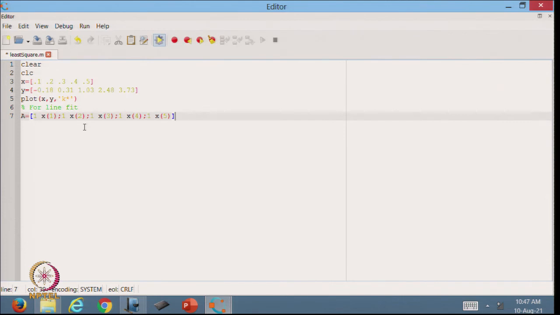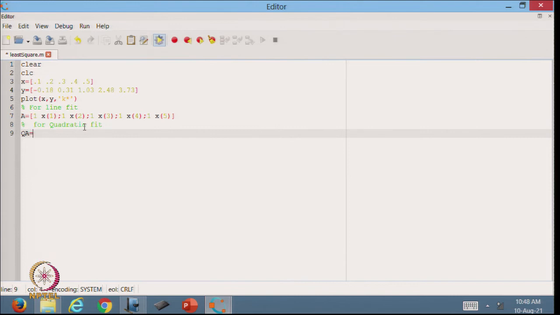Now, I have written this for the line fit, and similarly I can write for the quadratic fit. In the quadratic fit I will again write the matrix. Let me call this QA.